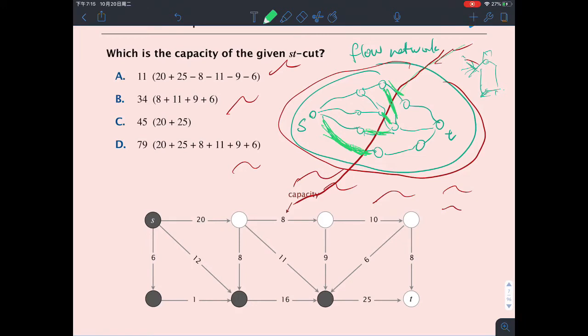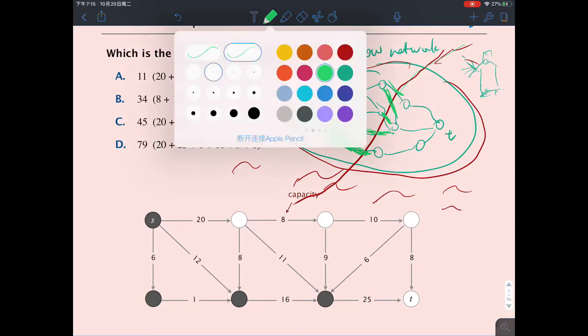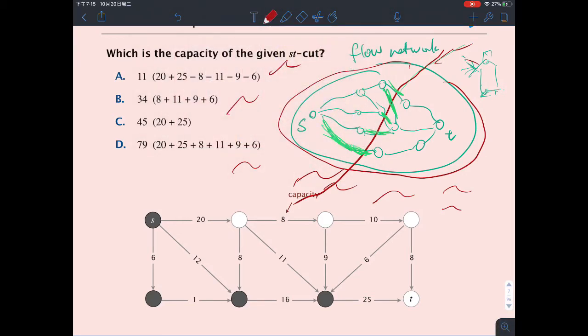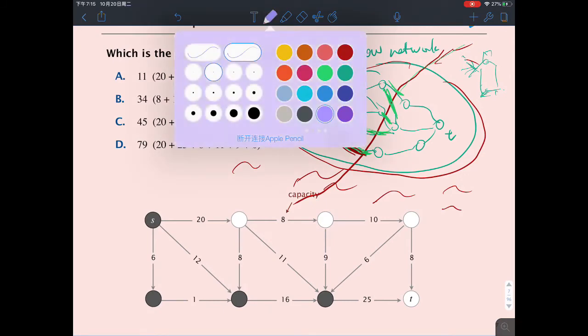Let me repeat what I'm trying to say. Without really touching the network, let's imagine that we physically chop the island into two halves. Just by chopping things in this way, we can start to get some intuition how much flow we can push through.